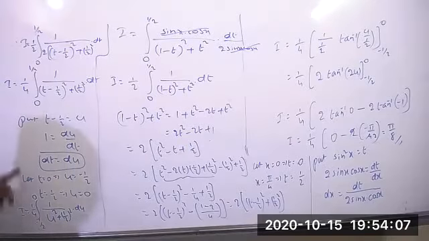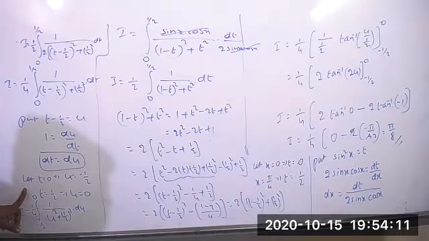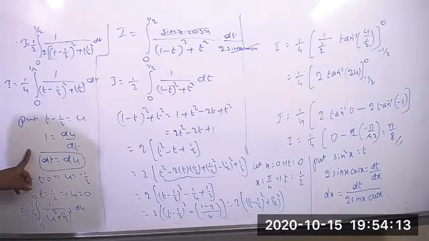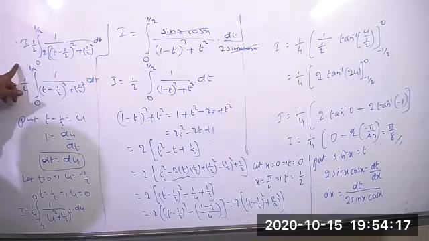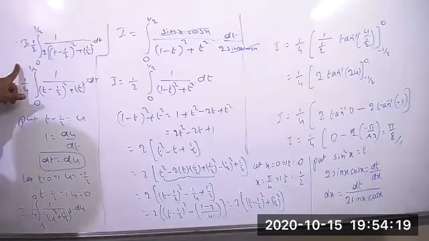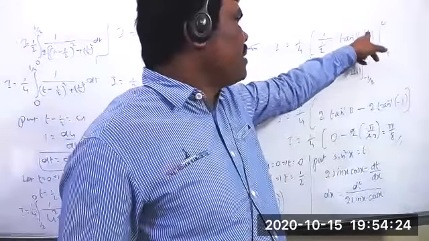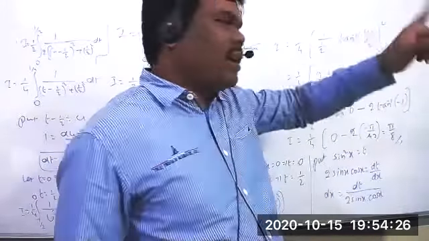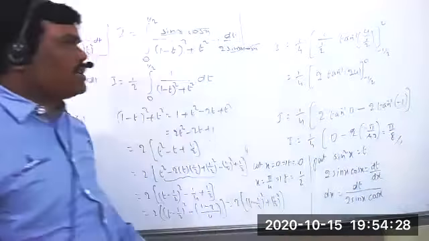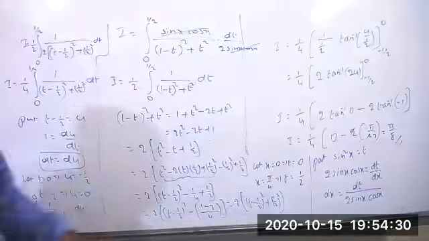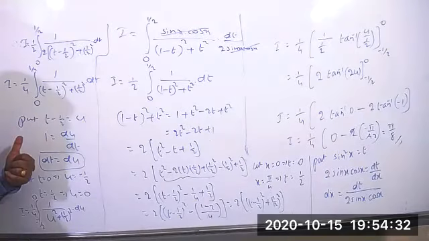The same question here, but you can also do it without changing the limits after taking the substitution. You can write the limits as they are, 0 to 1 by 2. After applying the formula, where we got u, in place of u you can write t minus 1 by 2, and take the limits as usual.